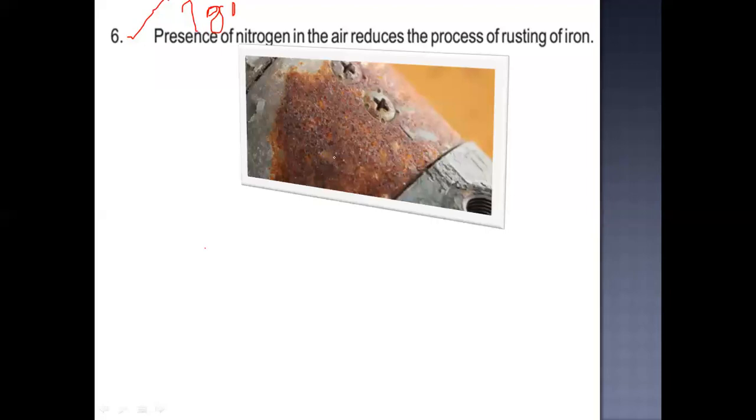When this oxygen reacts with iron in the presence of water, when there is rainfall, humidity, or more water vapor in the atmosphere, the iron gets corroded, which is called rusting. You see that brown film or brown layer on the iron. That is the spoiling and damaging of the iron. But you see, it does not happen everywhere every time, because nitrogen is present in the atmosphere. So nitrogen is helpful for reducing this process.